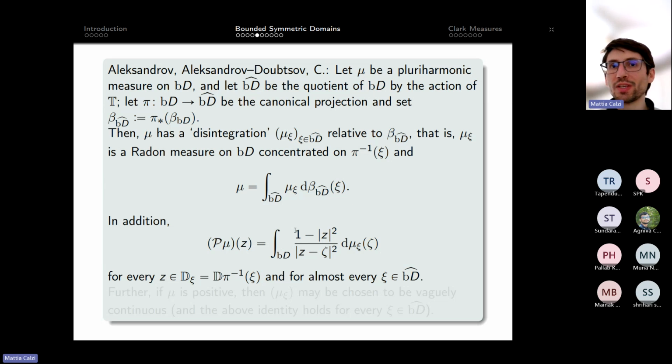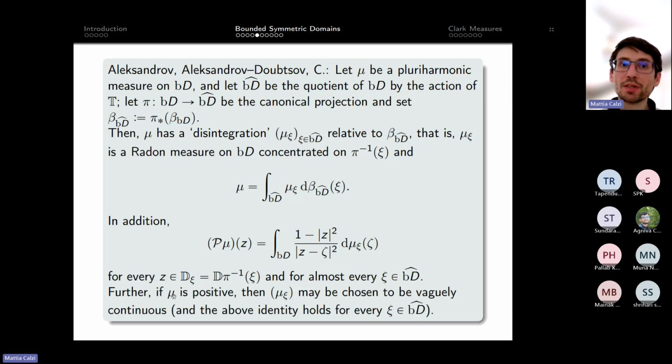Otherwise, you have to replace 1 with the modulus of the elements of the Shilov boundary. And furthermore, if mu is positive, then these mu xi are uniquely determined by this relation. This relation happens for every xi. And this is a vaguely continuous family of measures.